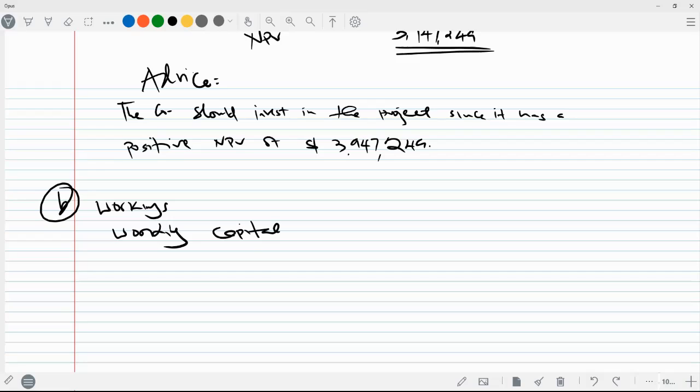Yes, because if you check the question, these forecast cash flows are before taking into account the inflation of 4.9% per year. So we use them as they are, and we don't include the inflation.